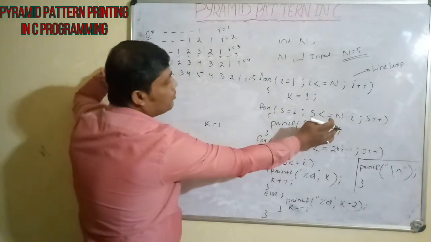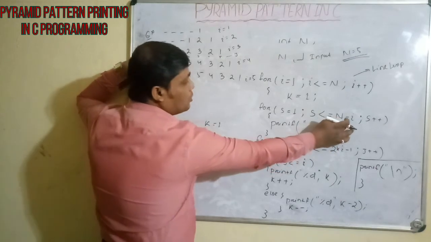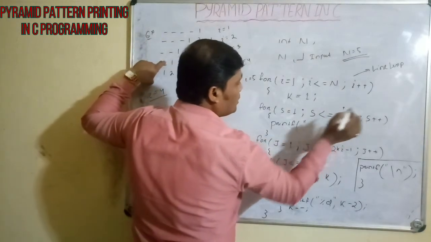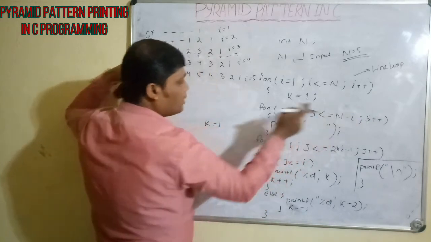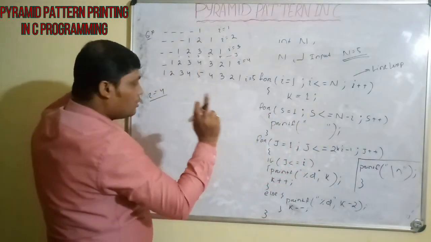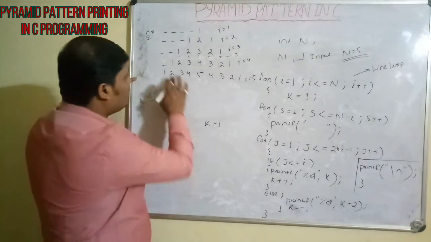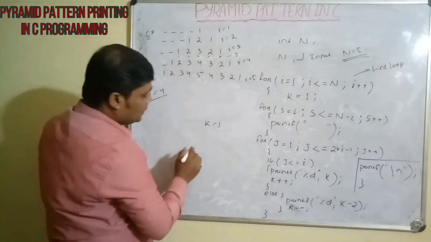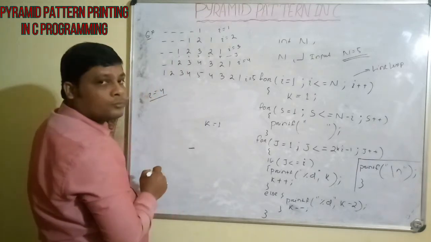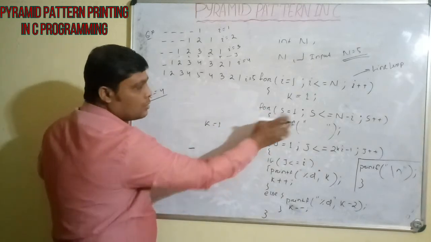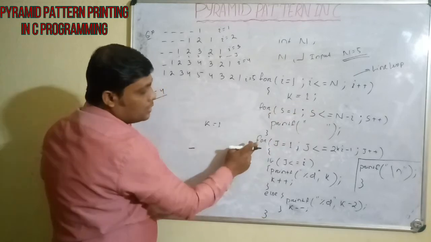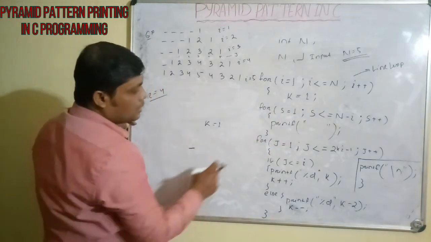I value is 4, so n minus 4, 5 minus 4. This will be 1. So space will continue one time, from 1 to 1. So it will give 1 space for this line we are taking. Clear? After this it will go out of this loop, as the condition will be false. Then come to this loop.